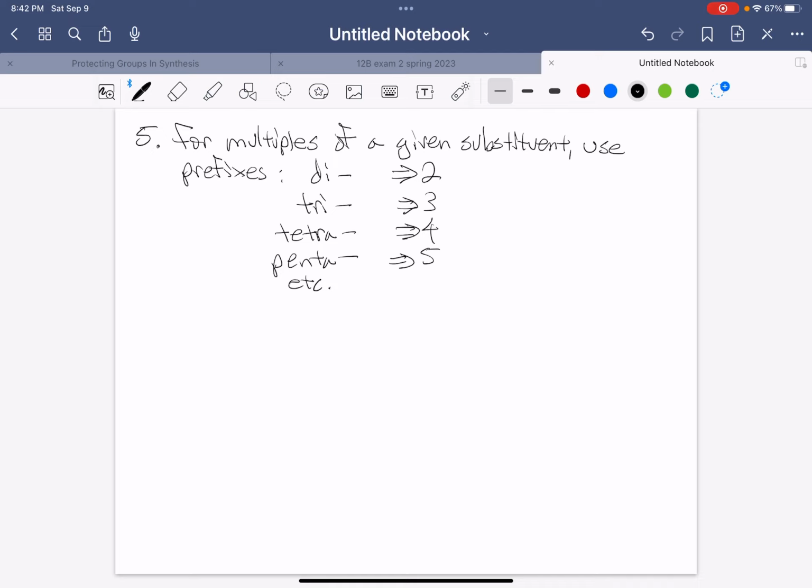And then another thing to remember is that you still want to indicate which location, or rather which carbon, each substituent is attached to.